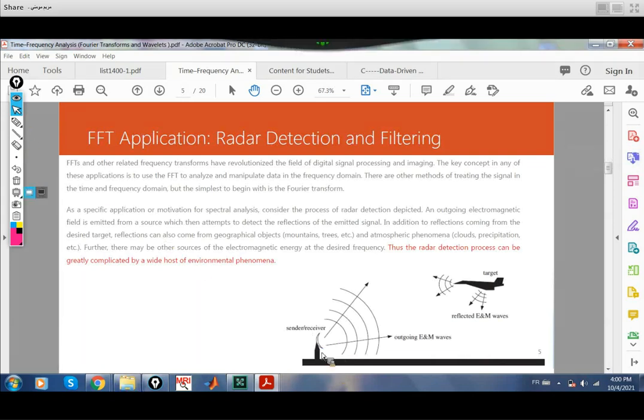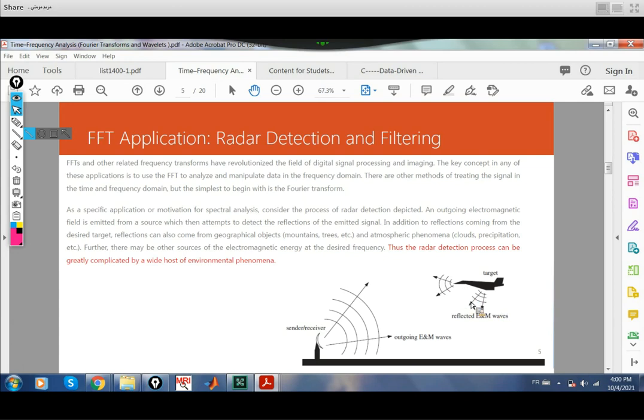Please imagine a cylinder here, okay? This cylinder sends, for instance, electromagnetic waves and tries to detect a target, for instance, this airplane. It sends electromagnetic waves to the target, and the target reflects the waves.